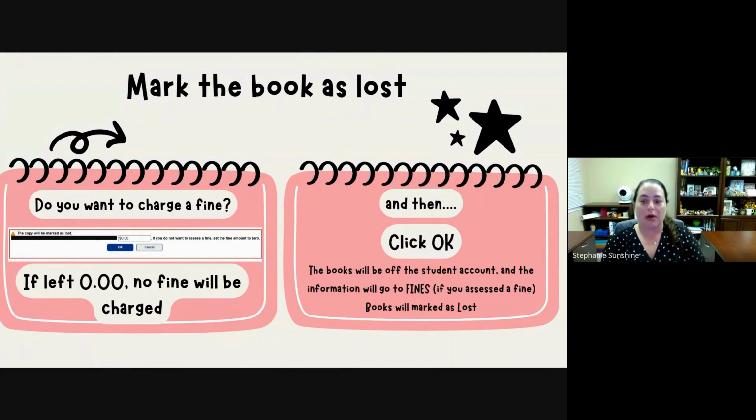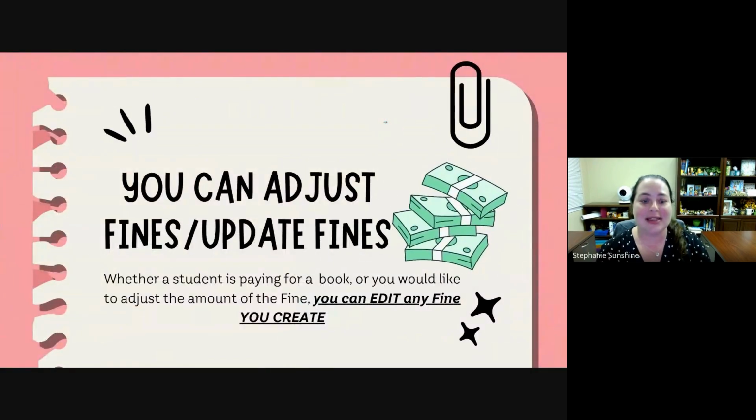And now, if the fine is $1 or more, it's going to live in the student's fines, and the book will be marked lost. That is the only way to manually get the books off of the student's account, and you don't want them to live in the account. Remember that moving books to lost does not mean you are deleting the book.